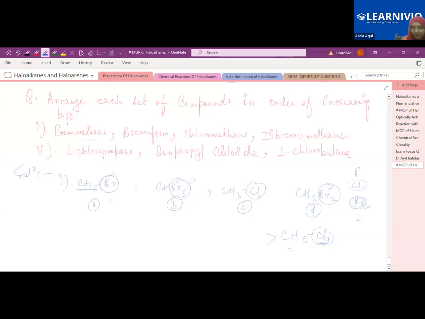The greater the molecular mass of the halogen atoms, the higher the boiling point. So CHBr3 will have the highest boiling point. After that, two bromines, CH2Br2. And after this, one bromine atom, CH3Br. That's the order of the boiling points.